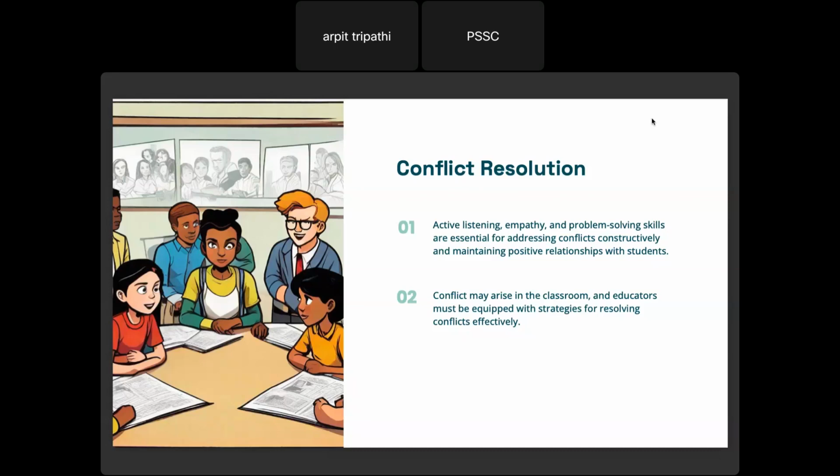So, overall, I would say conflict resolution is essential for promoting positive relationships, communication skills, respect, understanding, and of course, not the least, resilience, the ability to bounce back in a tough situation among students, contributing to a supportive and inclusive learning environment where all students can thrive academically and personally.